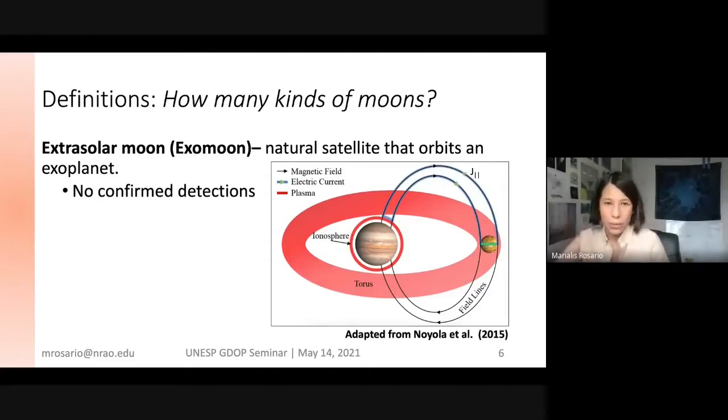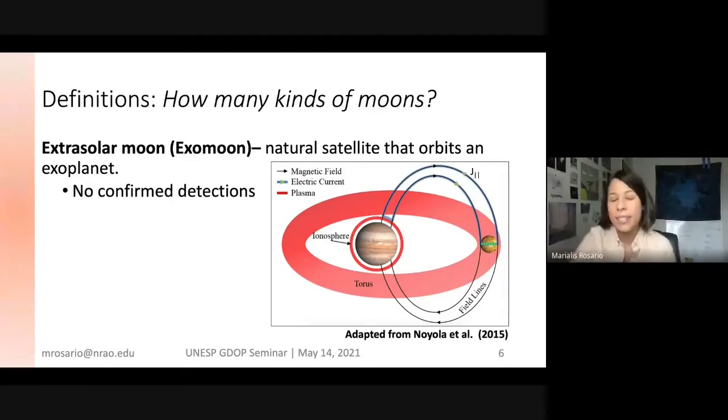There is a plasma torus that comes from Io's highly volcanic activity, and this plasma torus tries to co-rotate with Jupiter's magnetic field. So there is a difference in velocity between the orbit of Io and this plasma torus.